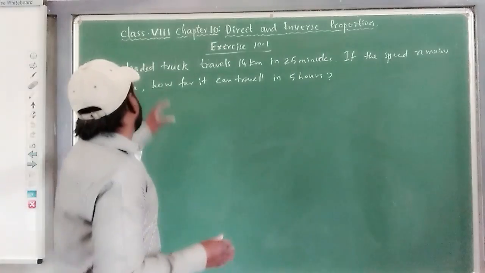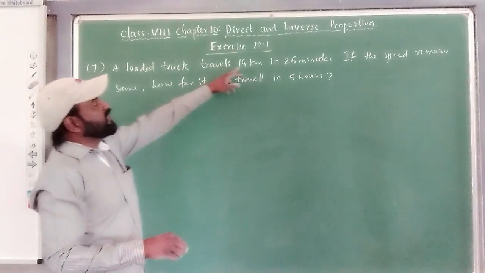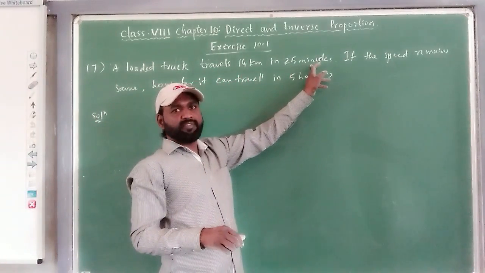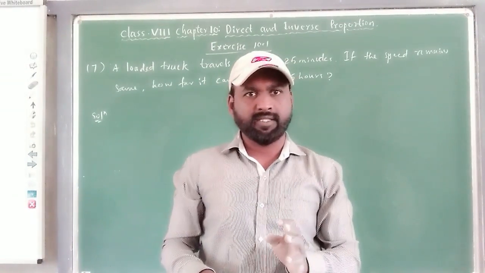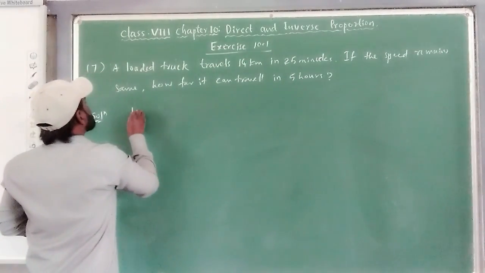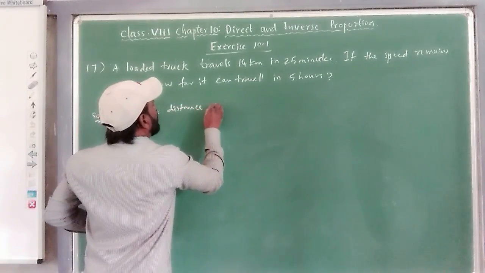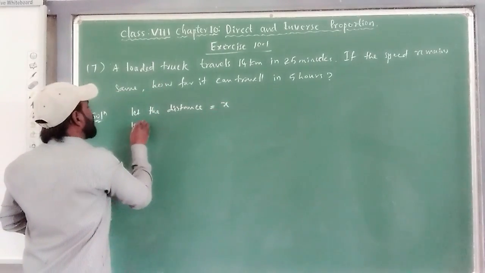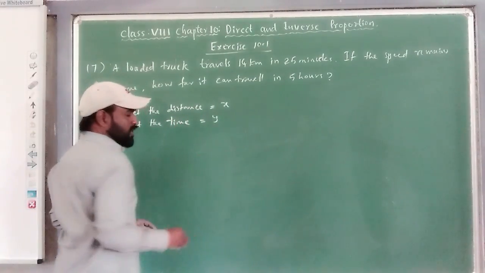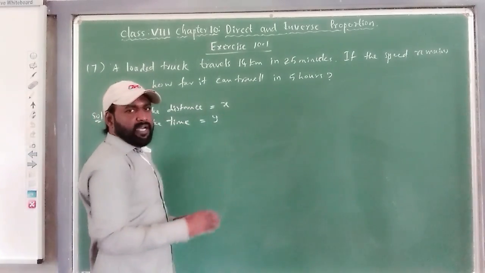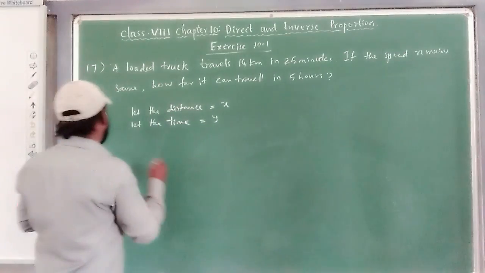So let us find out the solution for this. First, what is given? The distance is 14 kilometers, time is 25 minutes. Let us assign variables x and y for the distance and time. Let the distance be x units and let the time be y units. So here speed is a constant. When speed is constant, time and distance both will be in direct proportion.